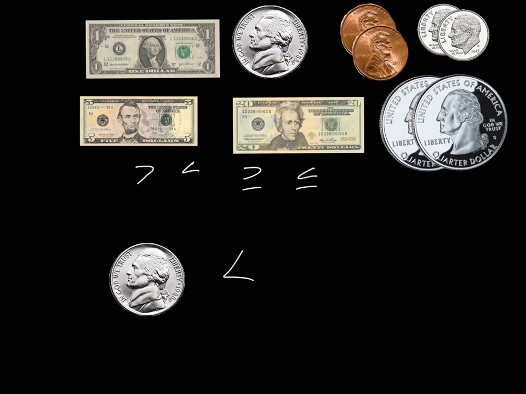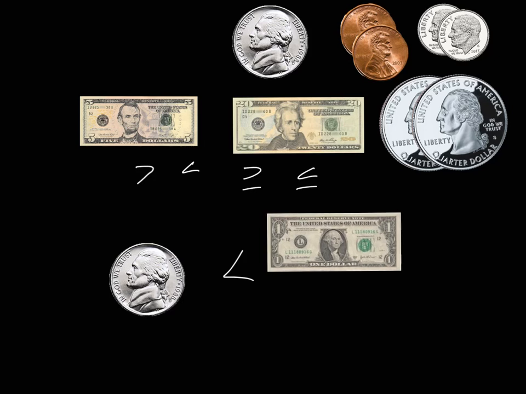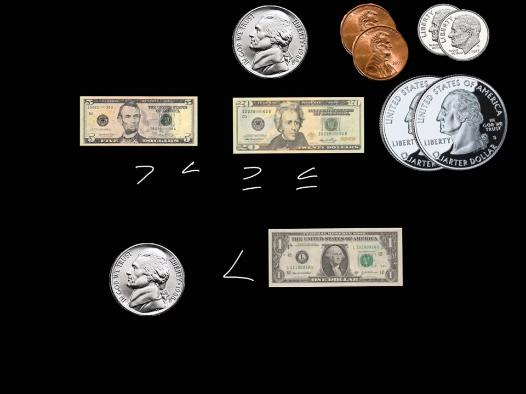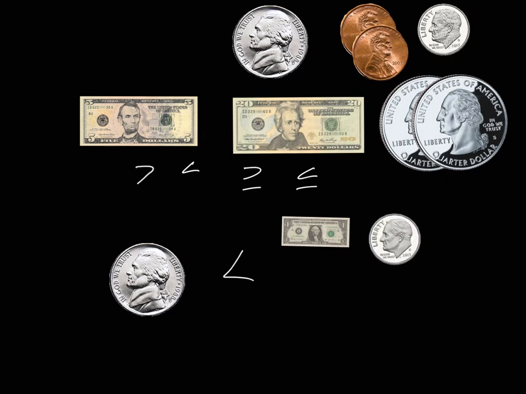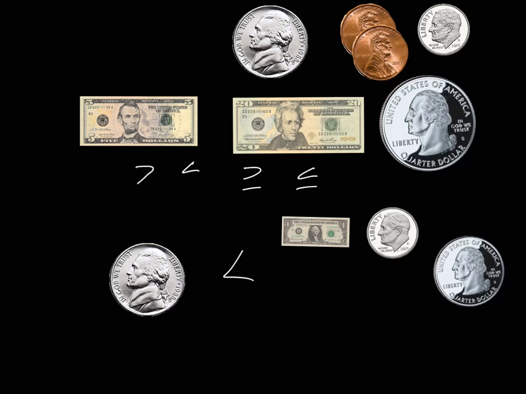So when I start going through, I can put $1 there because $1 is worth more than a nickel. I could put a dime there because a dime is worth more than a nickel. I could put a quarter there because a quarter is worth more than a nickel.